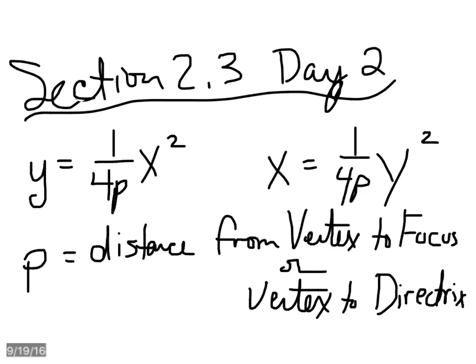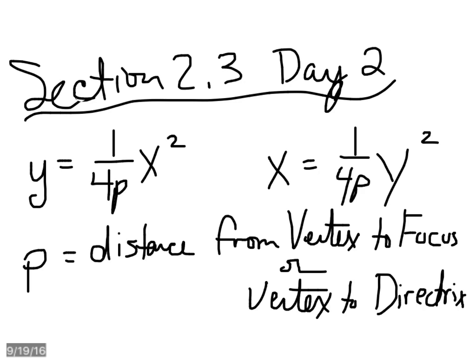Okay, that's what the P is going to equal. Now, another way of doing it would be, if you were given the focus and directrix, could you just find the distance between them and divide it by 2? That could also be another way of finding it.